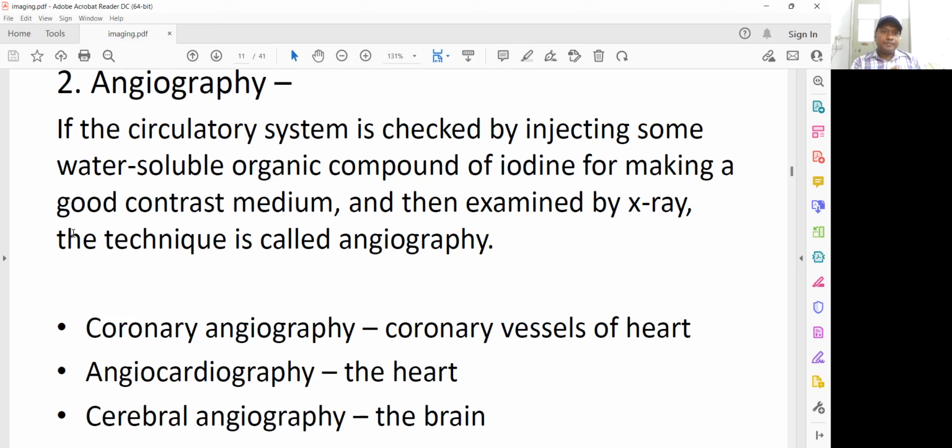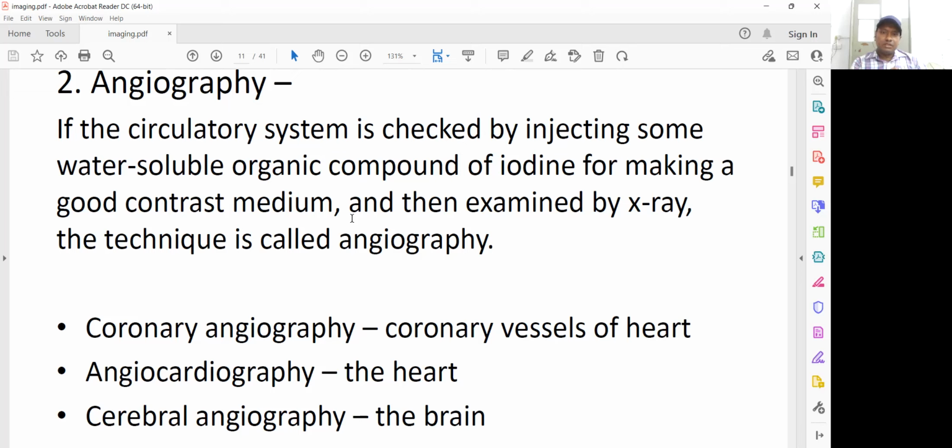Okay, so if we inject some dye, a water soluble organic compound of iodine, for making a good contrast medium, inside our blood vessels, then the particular examination by X-ray will be much more advantageous.